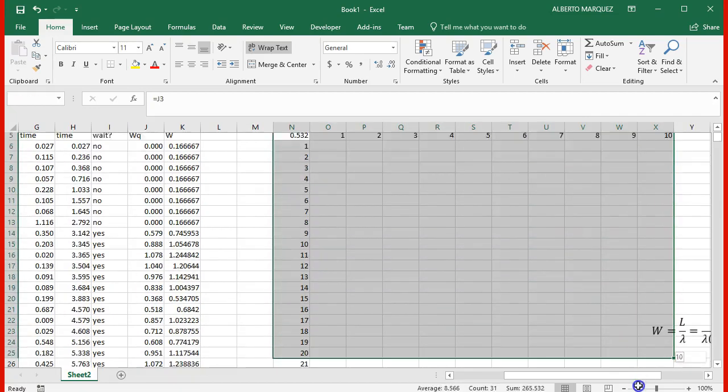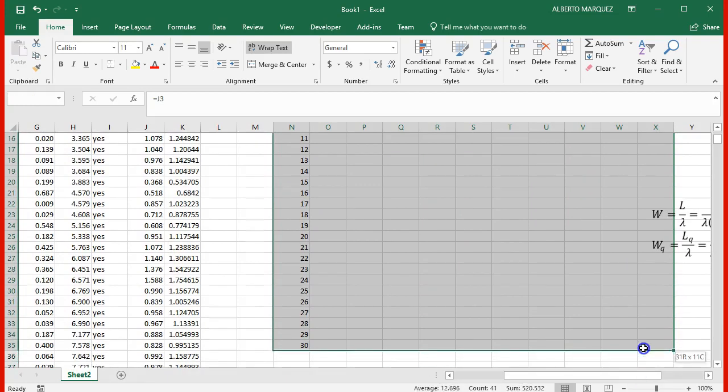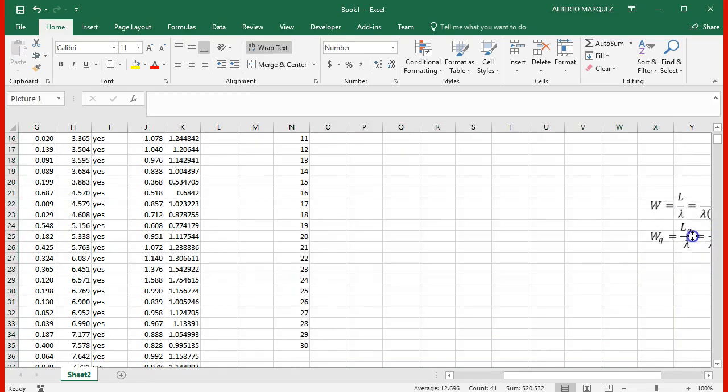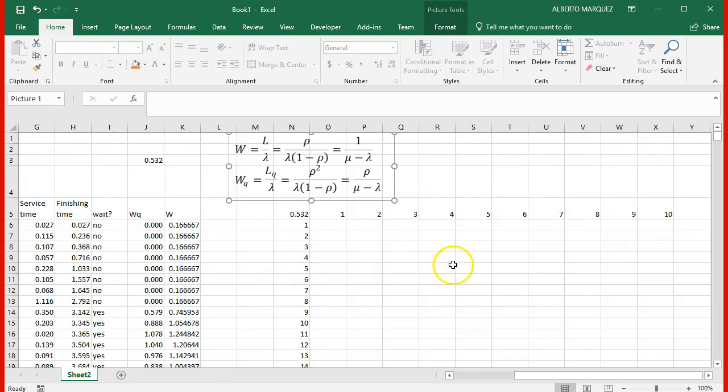And we're going to highlight this region. Here I have the formula for W and WQ. Let me put them aside.